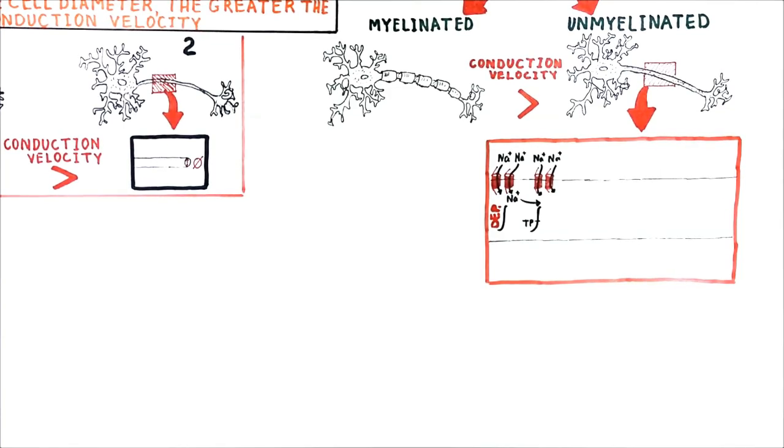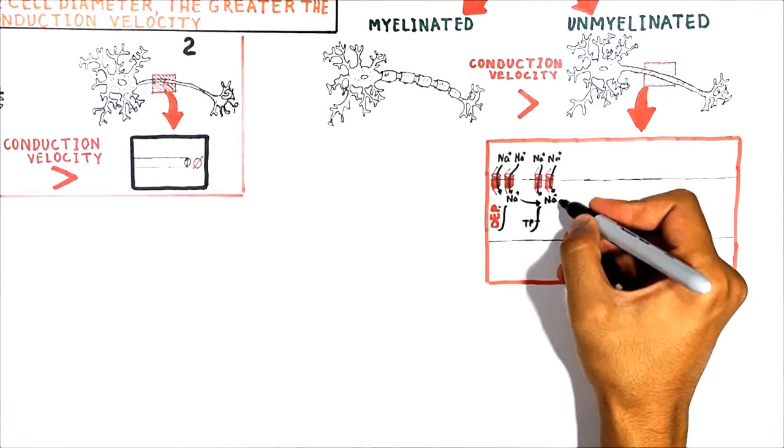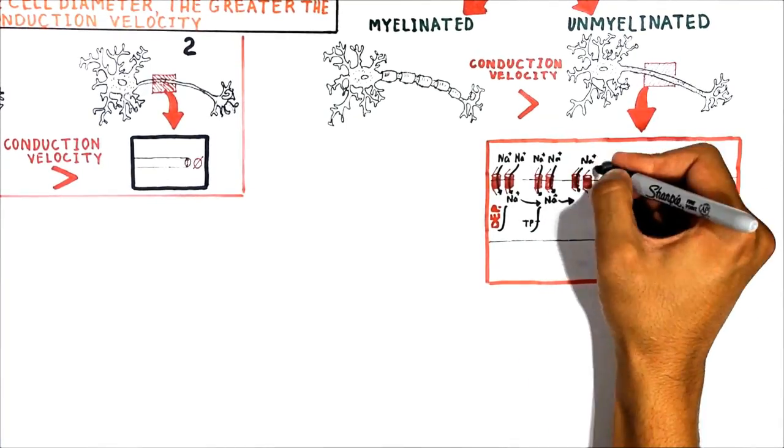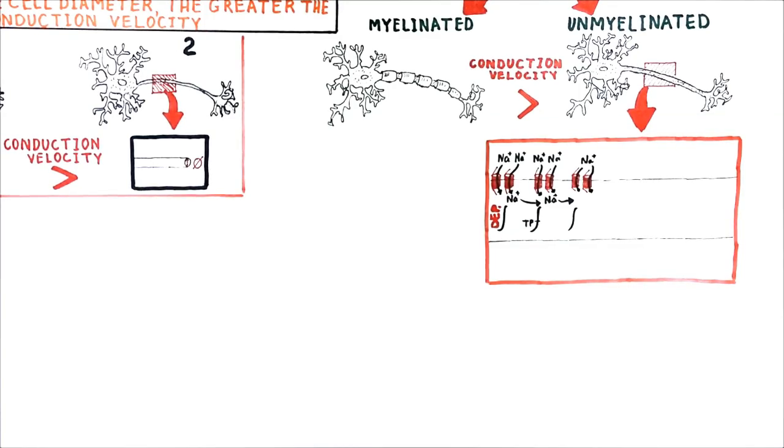The sodium which has rushed into the cell spreads to the third region, opening voltage-gated sodium channels and causing further depolarization and propagation of the action potential.